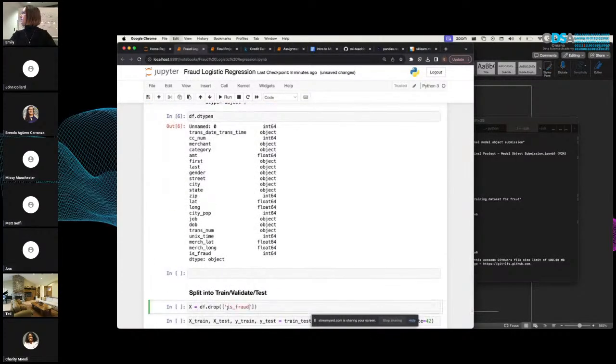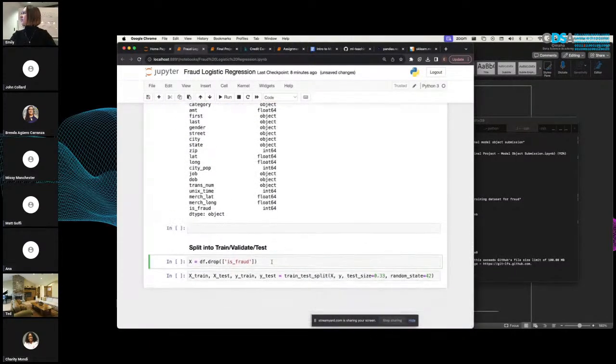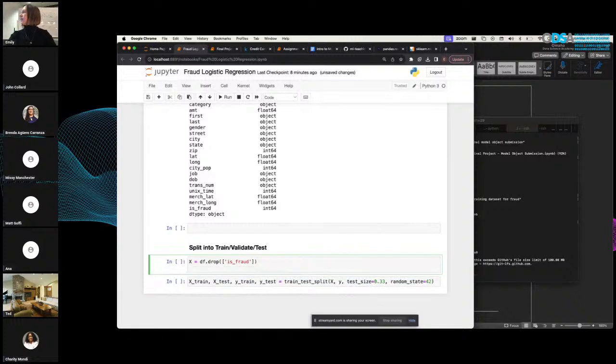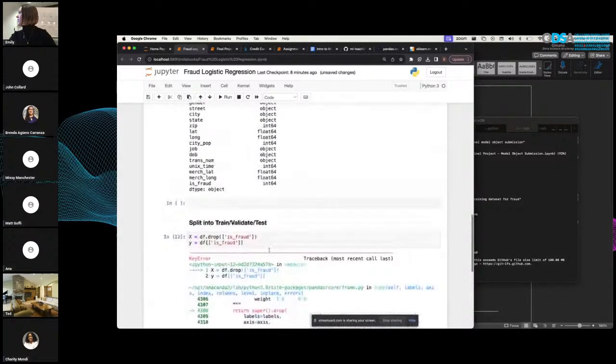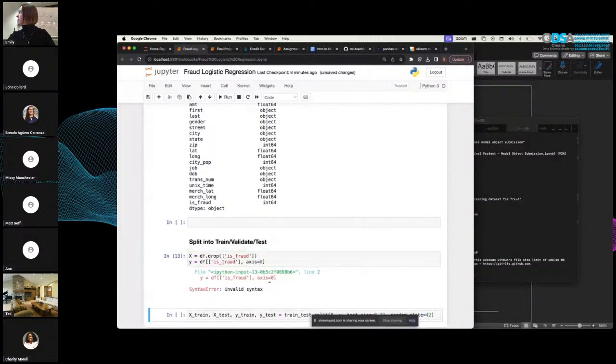Our X data set is everything except the is_fraud column, and our Y data set is equal to df at is_fraud. So it's exactly the opposite. It's just the is_fraud. I might have done that slightly incorrect. is_fraud, axis equals zero. Axis equals 1.